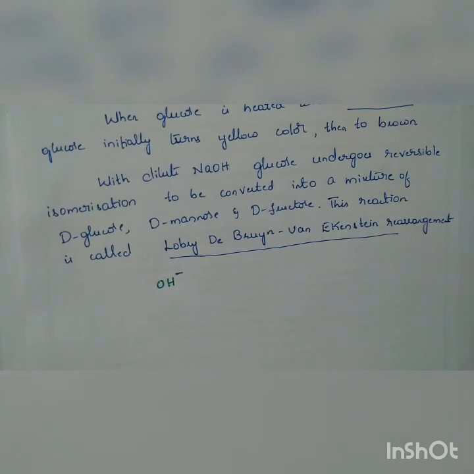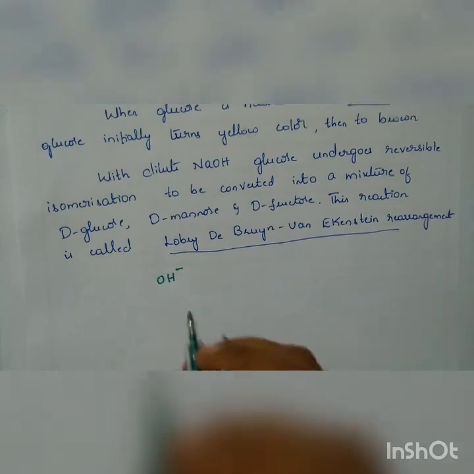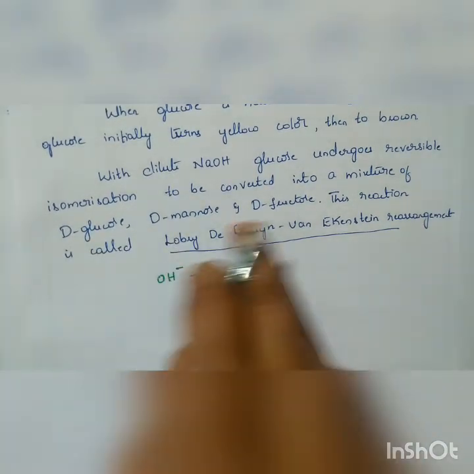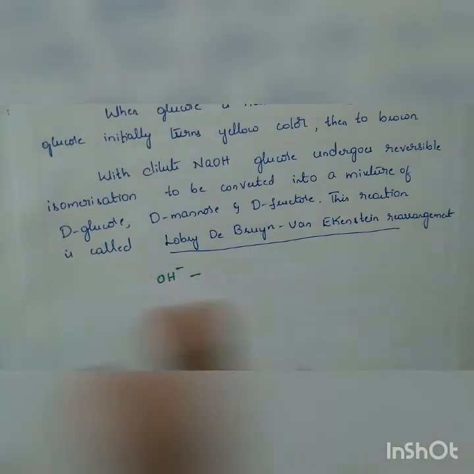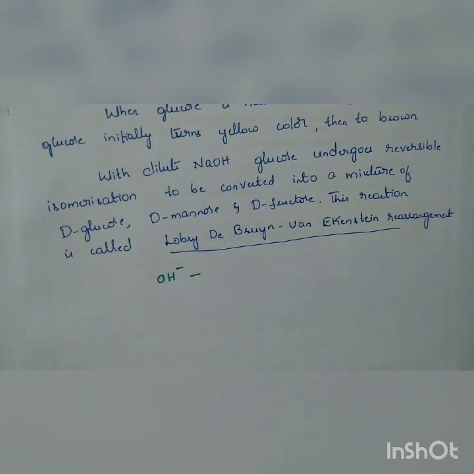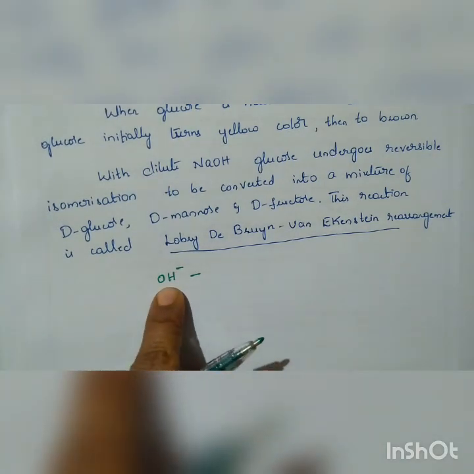We have studied fructose being converted to glucose in basic medium in one of our videos, when we studied the Fehling's solution test and Tollens' test. Under the basic medium, these compounds get interconverted with one another, undergoing isomerization.